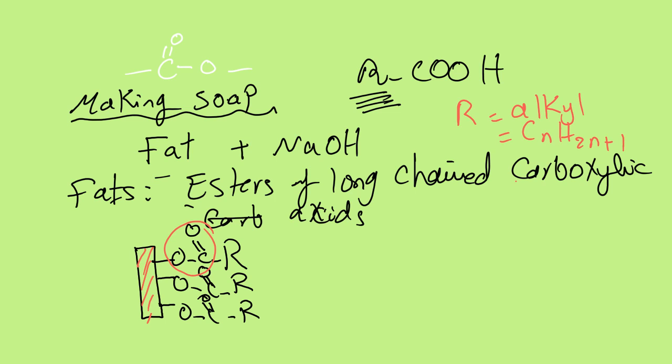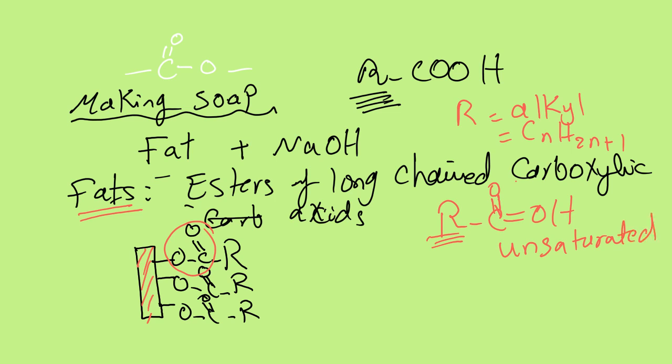In the case of fatty acid, RCOOH is a fatty acid. Some of the R have a double bond. If the R has a double bond, the fatty acid is described as unsaturated.